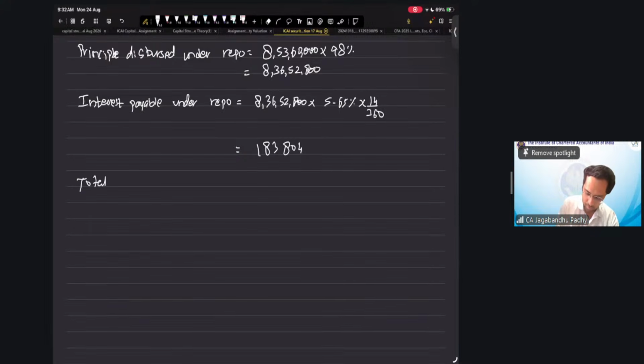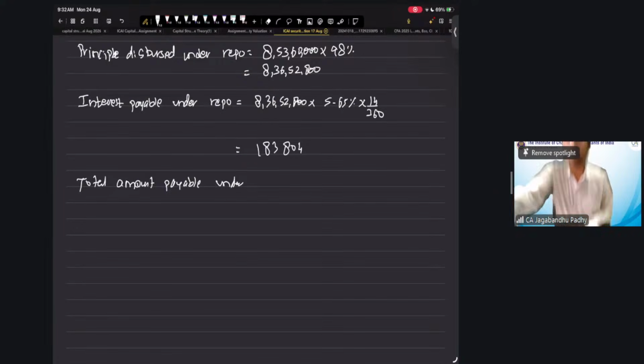So what's the total amount payable under repo?